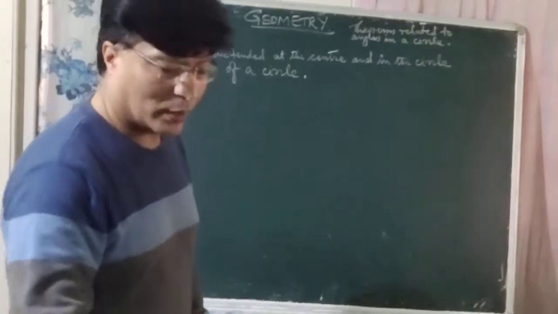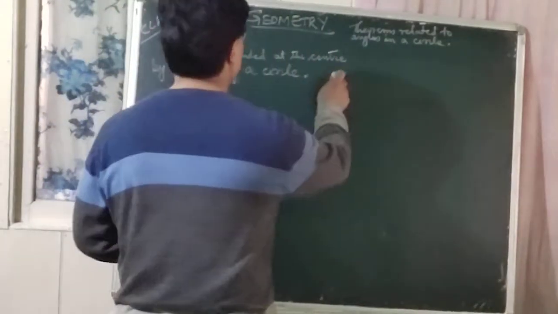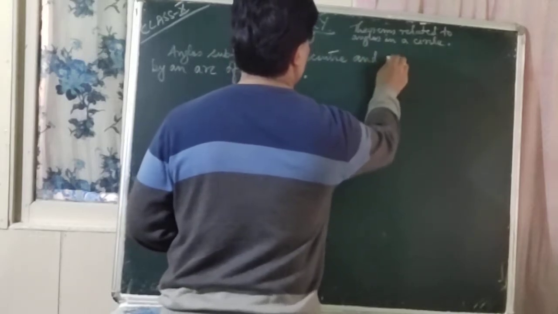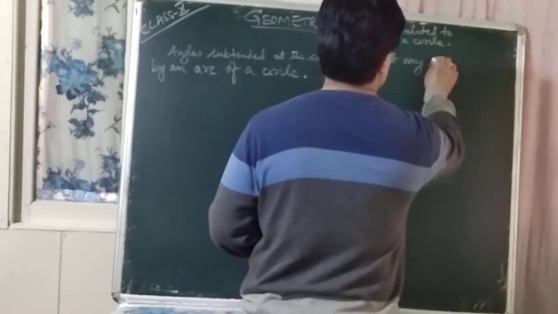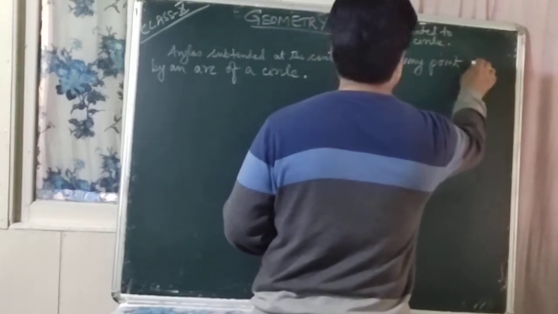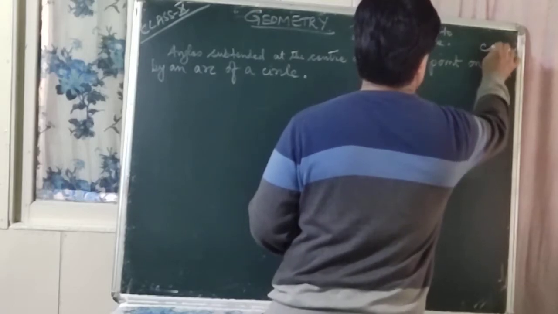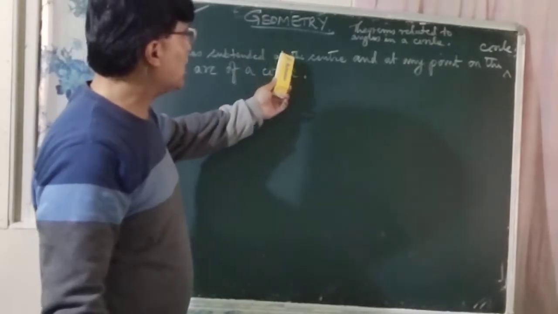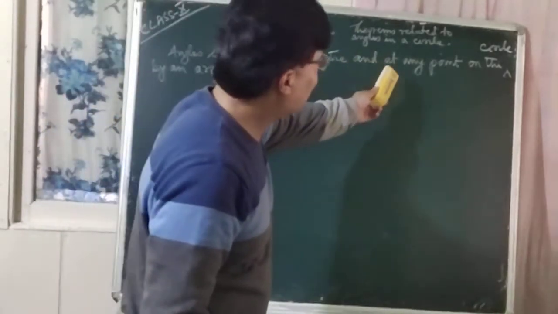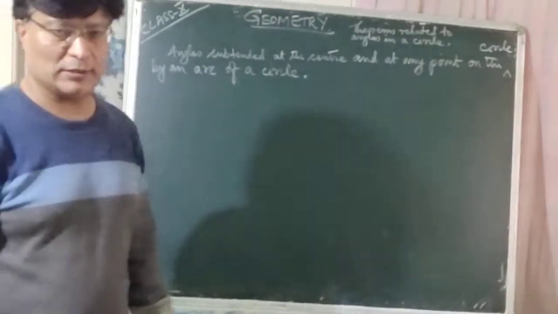So now, what is meant by angles subtended at the center and at any point on the circle? Okay, what do you mean by angles subtended at the center and at any point on the circle by an arc of a circle?